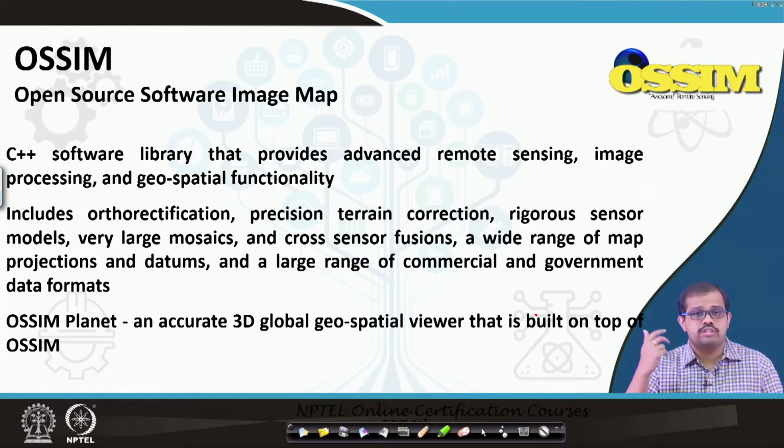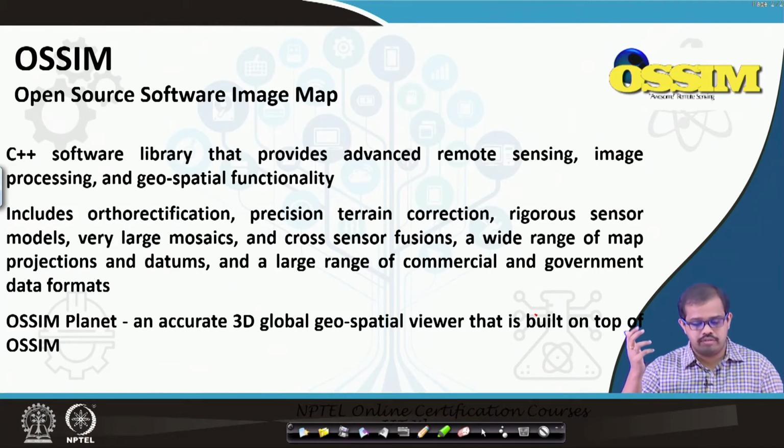It includes orthorectification, precision terrain correction, rigorous sensor models, very large mosaics. Today's computers can handle anything, so that's how you can look at any of those applications that can come in.